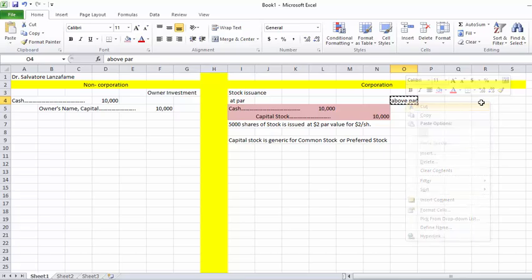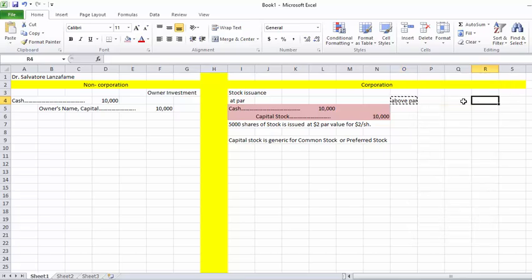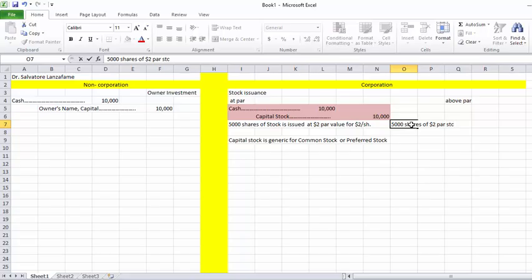If the stock is sold above par, let me give you some more information as far as that goes. It would be something along the lines of 5,000 shares of, let's say, $2 par stock is issued at $5 per share.